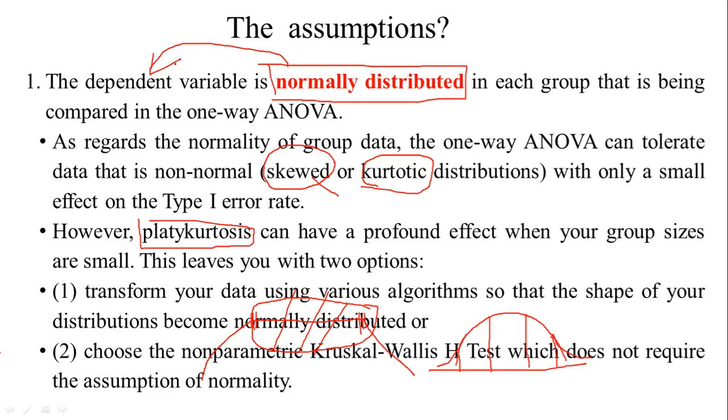If not, you're going to run into trouble analyzing this data. One way of seeing that your data is not actually normally distributed is when you draw the normal distribution curve and the data produces platykurtosis, where the top is not peaked but we have a plateau.